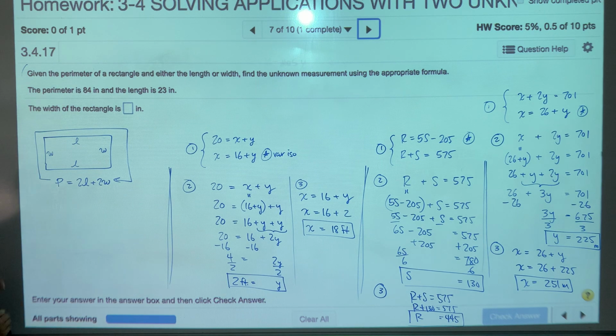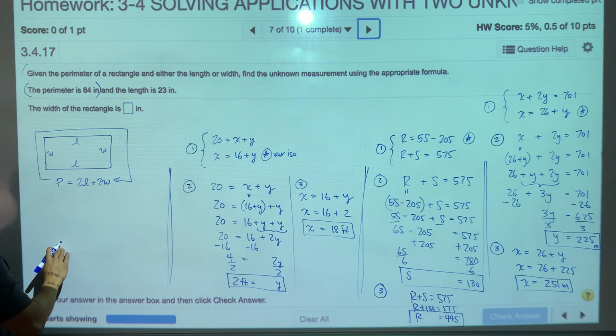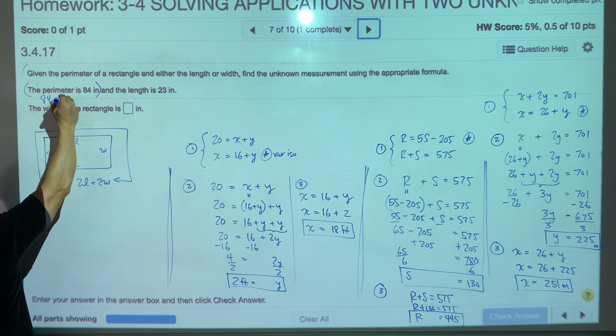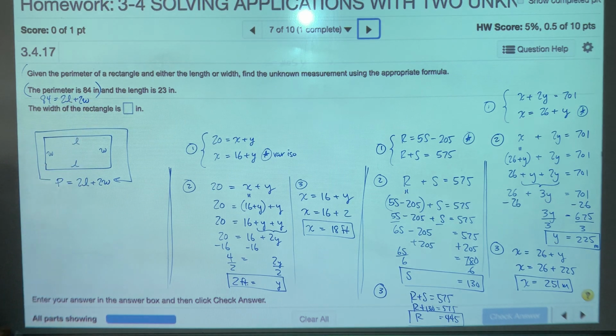So they tell us that the perimeter is 84 inches. That means that 84 is equivalent to 2 of the lengths plus 2 of the widths, knowing the formula of what a perimeter is. And there's your first equation. Make sense? Okay. So if we're setting this problem up, I'm not going to solve it for you, that's for you to do.